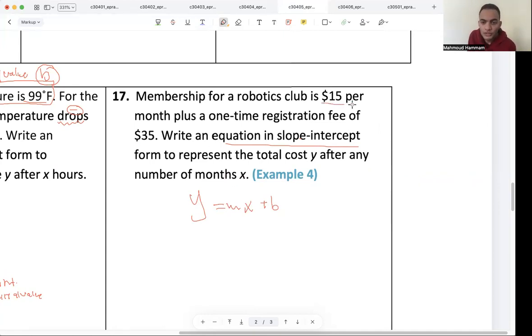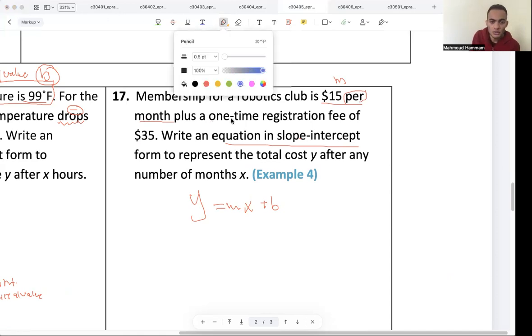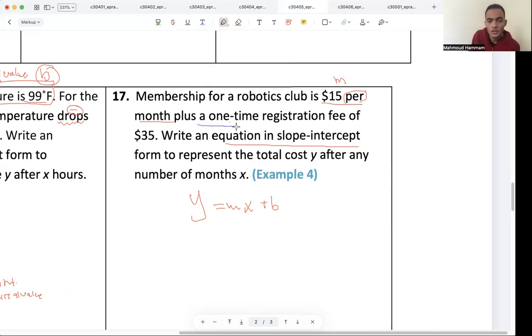He said here $15 per month. As long as you find the word per, this is the slope, which is the rate of change, because per indicates the rate, and the rate is the slope. So $15 per month is the slope, plus, take care here, plus what? Plus a one-time registration fee of how much? $35.